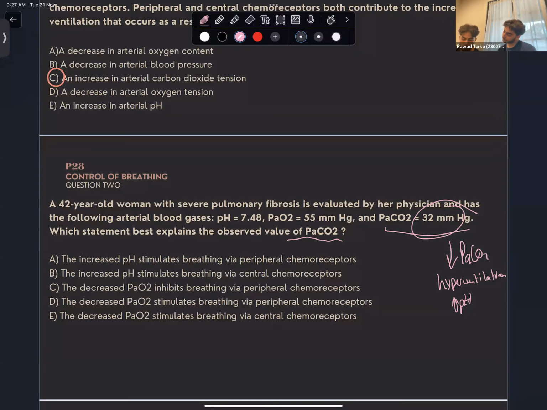And now with this information, assuming you guys know what peripheral and central chemoreceptors do, what happens here? Okay, so what is going on with PaO2?